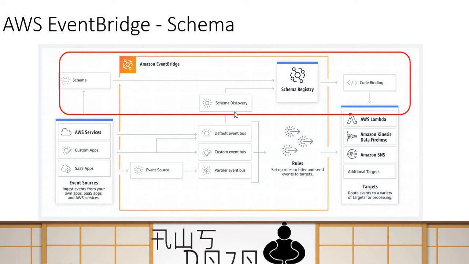Based on this schema, you can generate code bindings. These code bindings provide you an event library which your clients, like your sources or your target applications, can use to make sure that they are handling a valid schema with well-defined fields and their data types. This is what we are going to understand in our demo today.